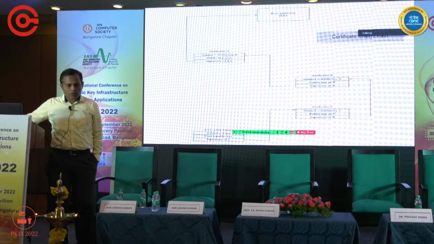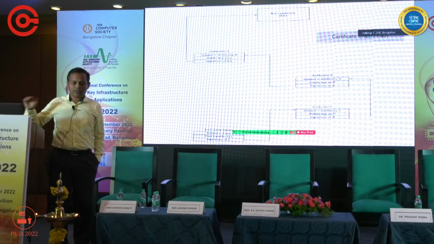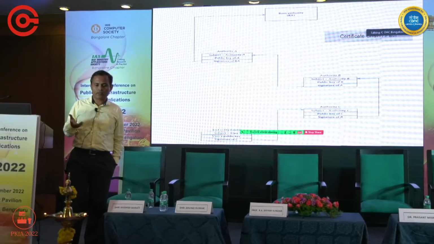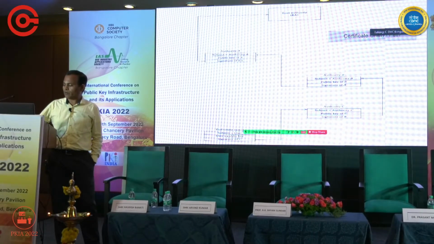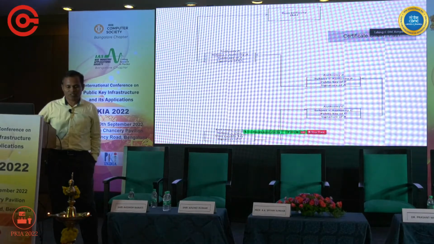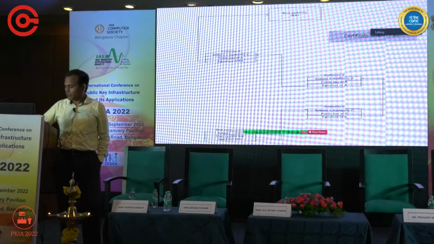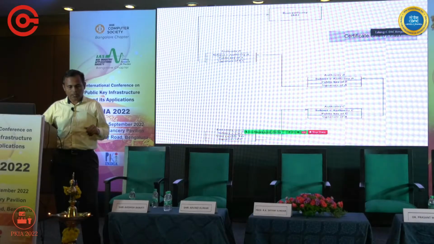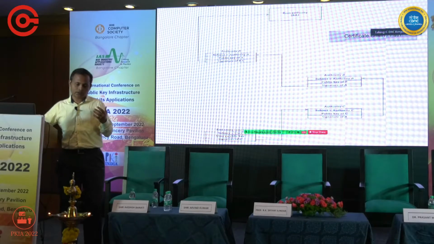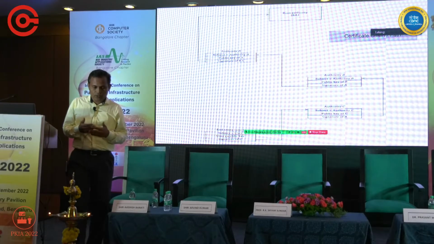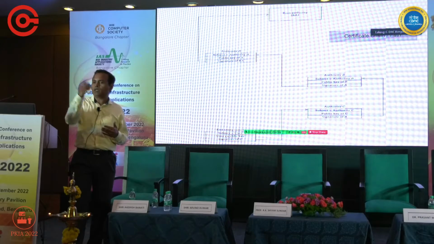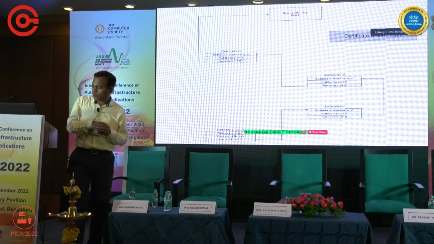When a digital certificate is presented over the internet, this kind of flow happens between the verifier and the entity for which the certificate is being verified. There is a root at the top and a certificate at the bottom, and iteratively, whoever has issued the certificate, the issuer, the verification goes all the way to the root.